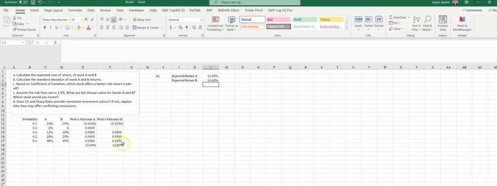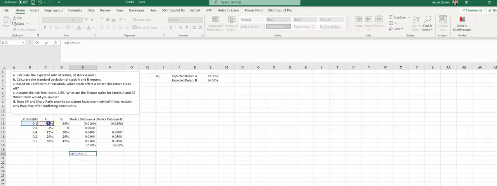So this is probably the easiest way to do this, but I could also use a slightly different approach. In this cell, I can calculate these by just picking up probability 1 times outcome 1 plus probability 2 times outcome 2, and put them in parentheses in order not to make a mistake.